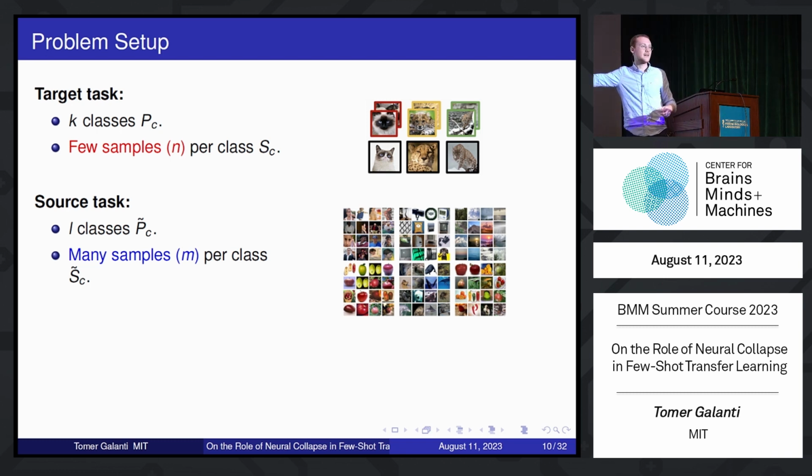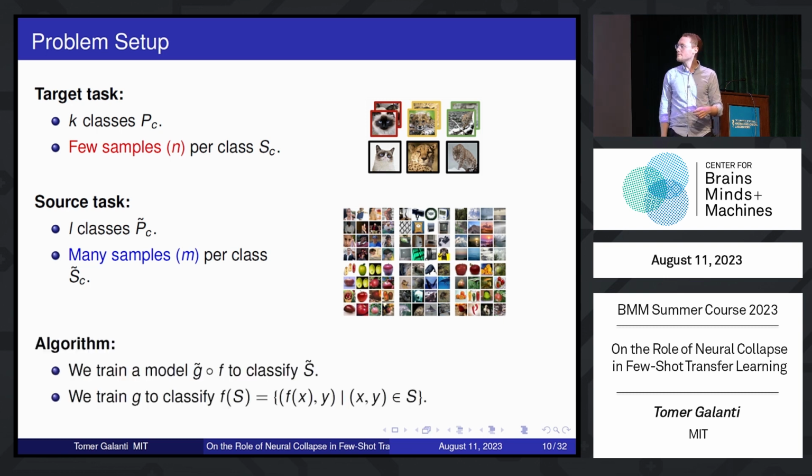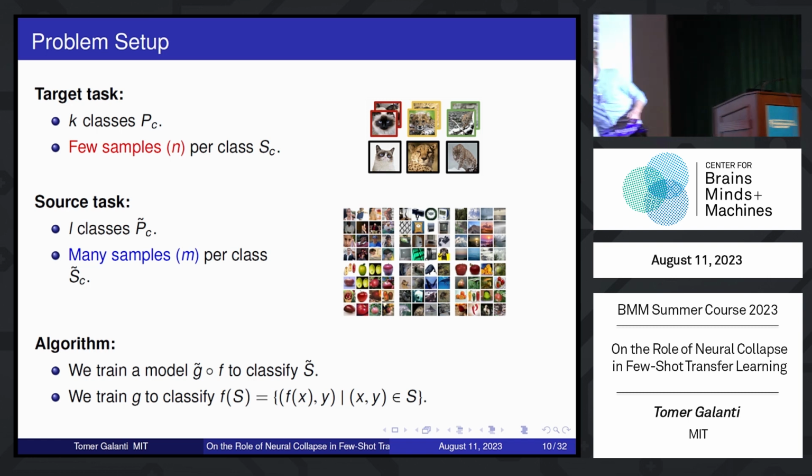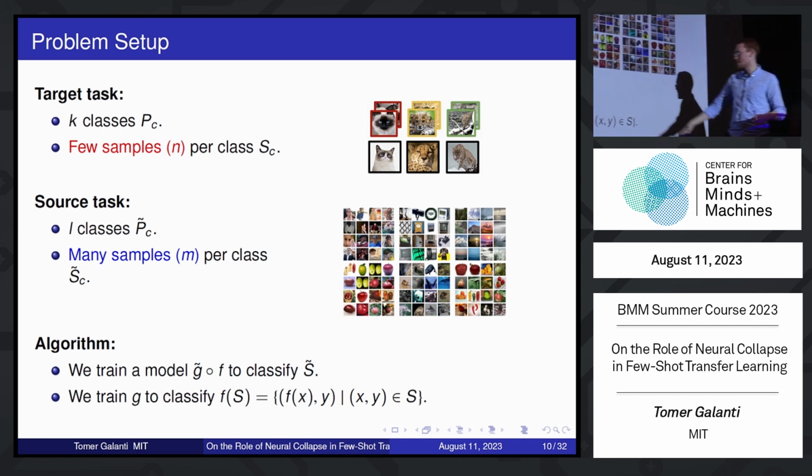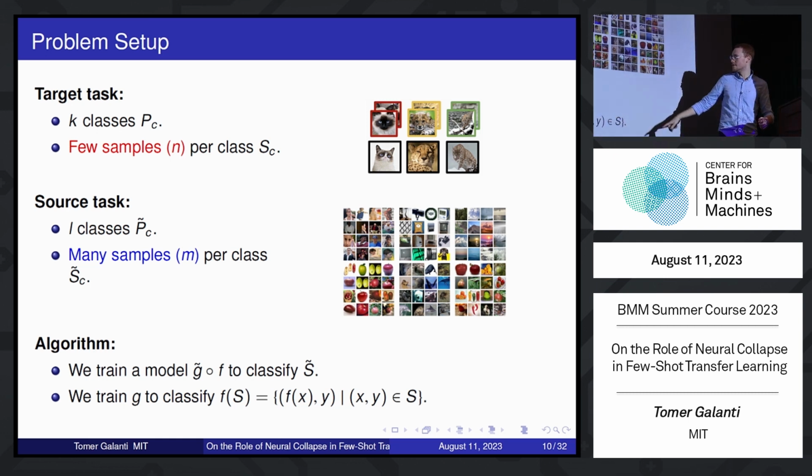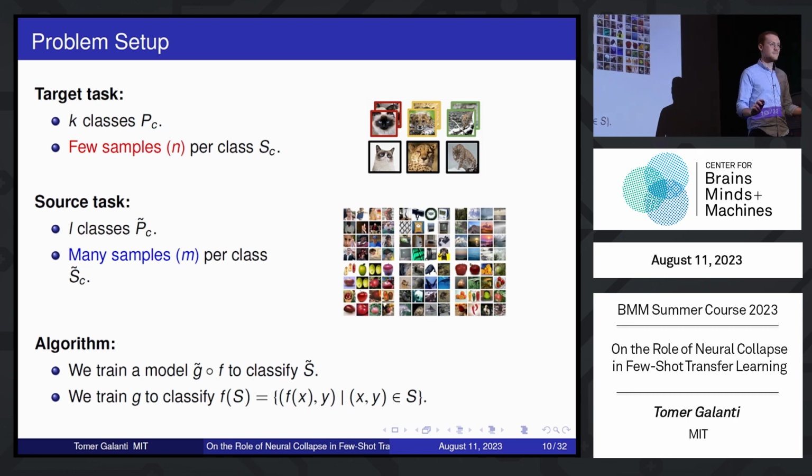And we have many samples per class. And this is the algorithm. We train a model to classify the source data. And then we fix F. And we train a classifier on top of the pre-trained model, F, to classify the data from the target task.